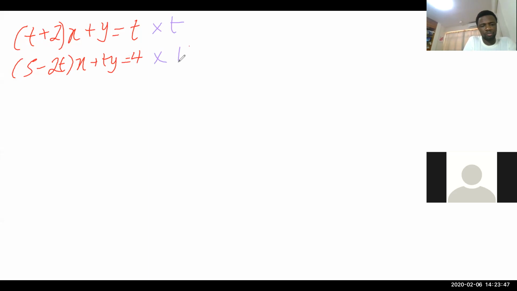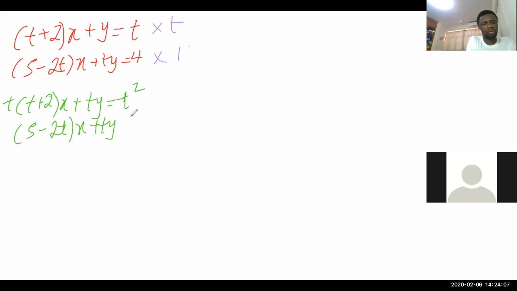The implication is this: t(t plus 2)x plus ty equals t squared, and this remains (5 minus 2t)x plus ty equals 4.